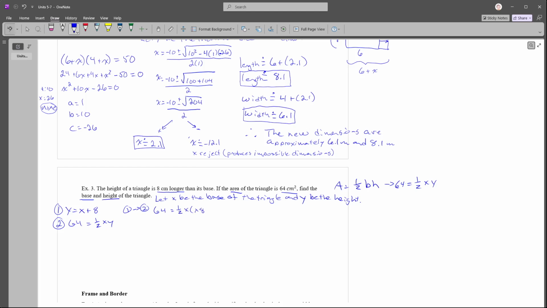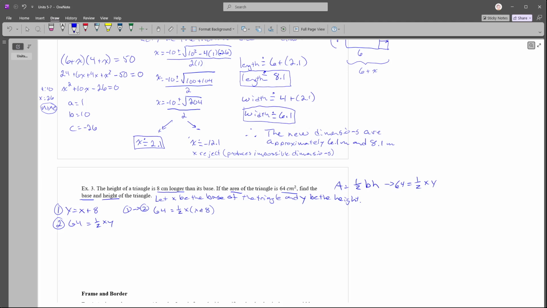Oops. Come on, erase. Doesn't want to erase. It's starting to get laggy like it used to. Might have to change some things up soon. That's okay. X plus 8.